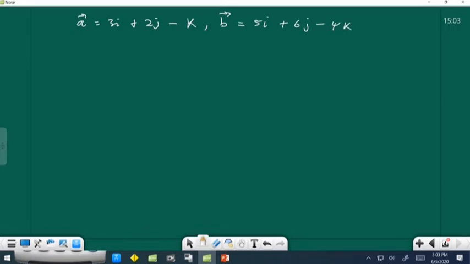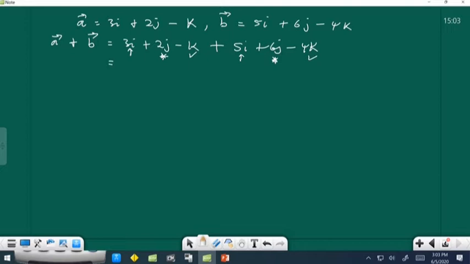And you want to add the two vectors. A plus B will result in 3i plus 2j minus k added to 5i plus 6j minus 4k. So when we add the two vectors using corresponding components, this will be added to this, and this will be added to this, and this will be added to this.